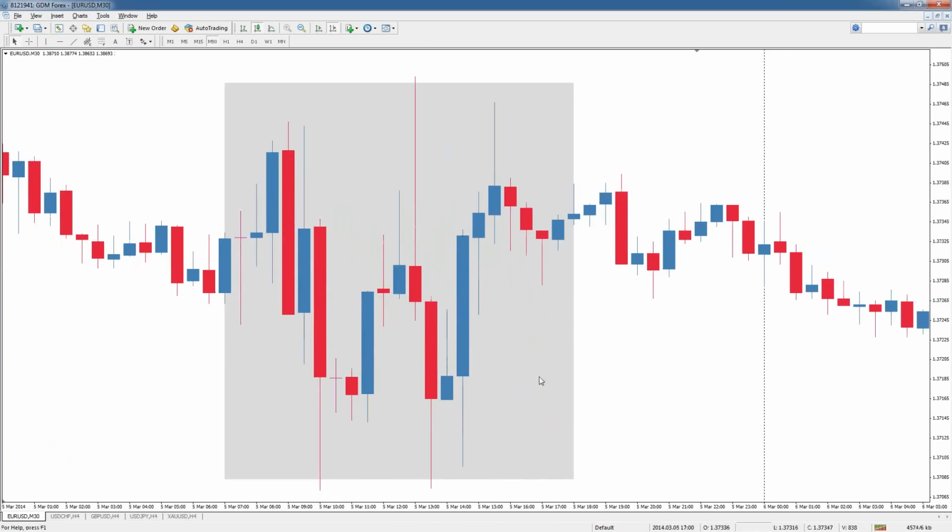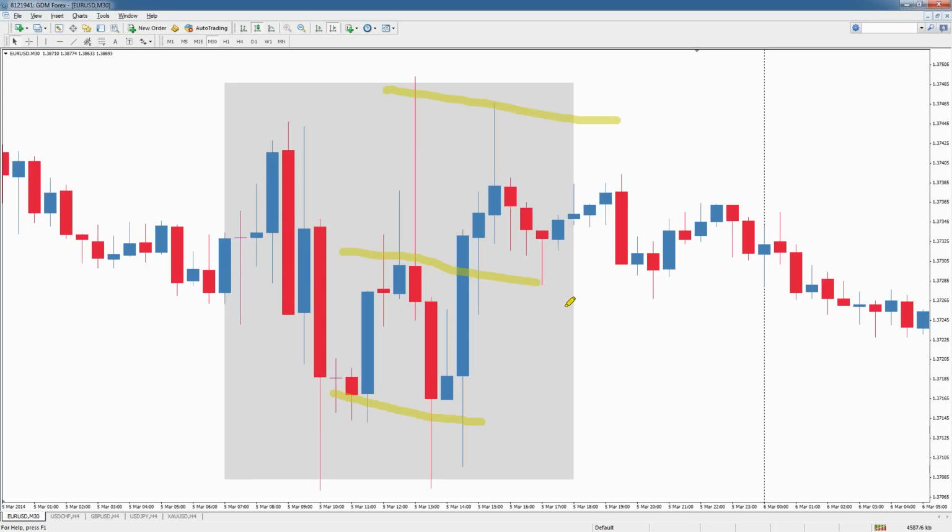There we go. So we see our neckline right here, and we see that the price penetrated above it, but it did not reach the target, which should be maybe somewhere all the way up here. Or maybe actually it did reach it, but we can't be sure.